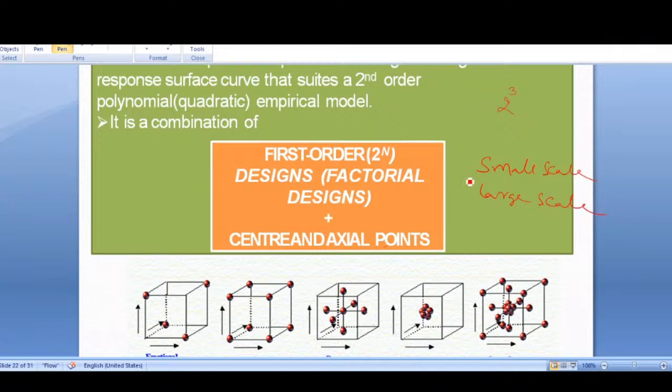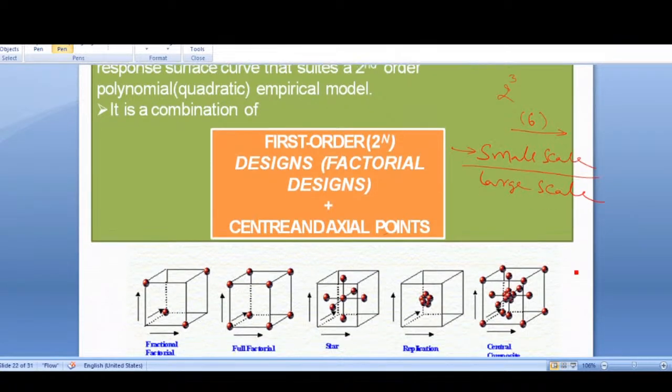You can choose the small-scale design if you have more than 6 parameters. As I said, in one of my PhD works I had 6 factors that influenced the yield, so I went for the small-scale design. Even that small-scale design gives better models. So we cannot go for screening with CCD. Okay. Papers are reporting, sir, that with the central composite they go for screening, especially fixing at 2 levels.